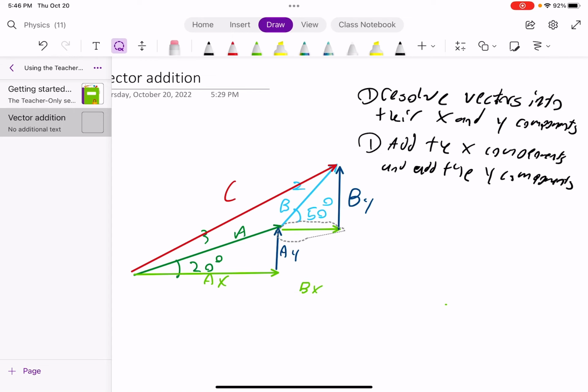When you add the two x components together, the sum of those two is the x component of the red vector, of C, of our sum.